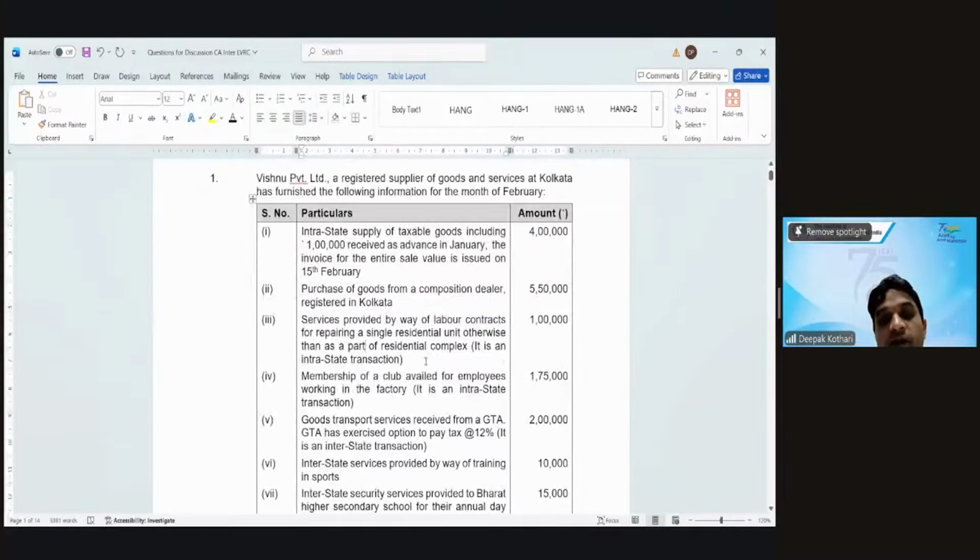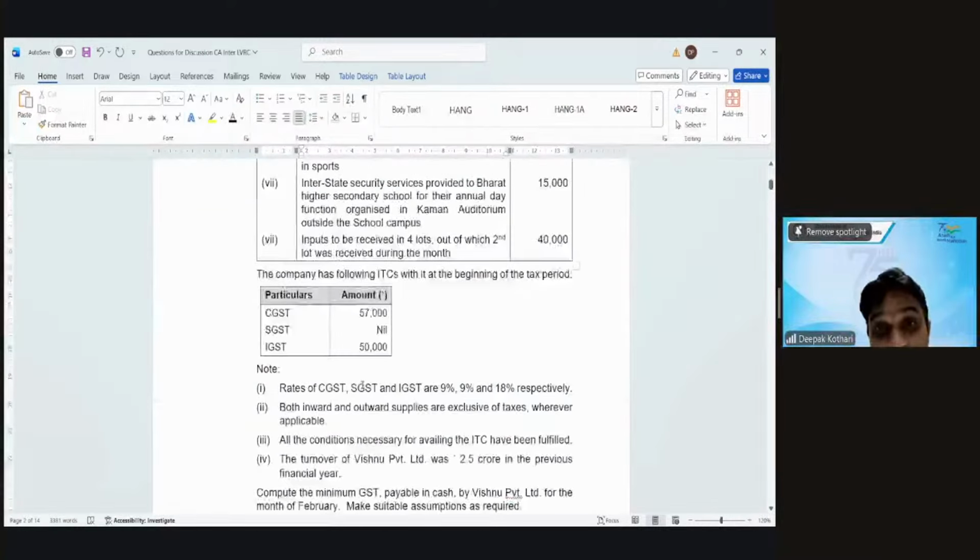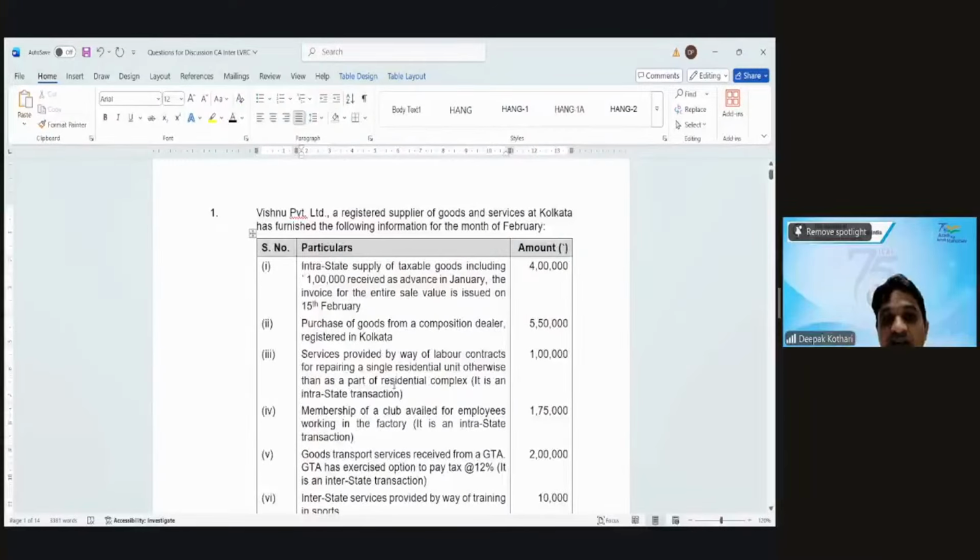Then services provided by way of labor contracts for repairing a single residential unit. So, is it an outward supply or an inward supply? This is my outward supply because they've not used the words I have availed the services or I have taken the services. I am providing services, right?